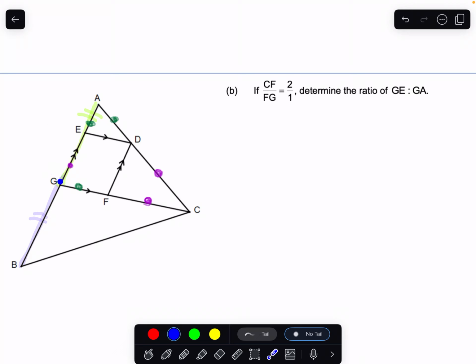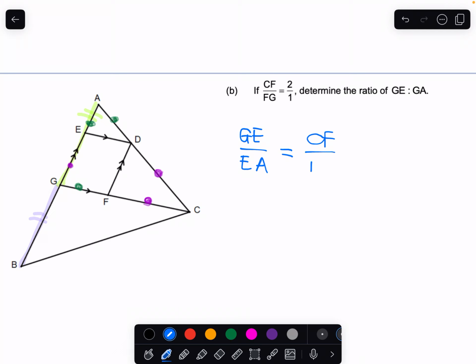We know that GE to EA is equal to CF to FG, proven in the previous question, and that is 2 to 1, which is now given to us.